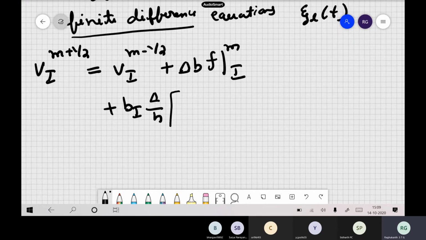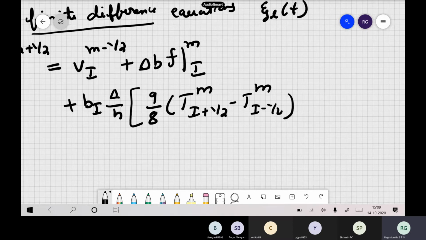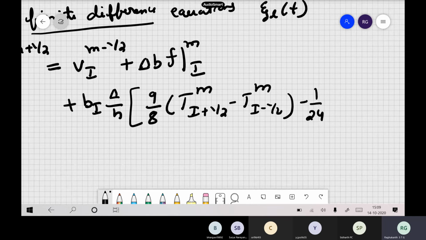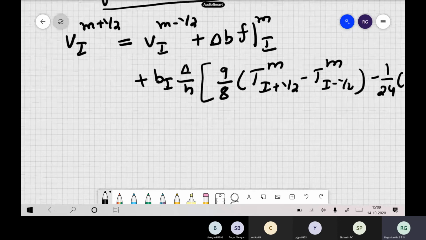With respect to spatial derivatives, he has used the fourth order. So Tm i plus half minus Tm i minus half, minus 1 by 24 Tm i plus 3 by 2. So he has used fourth order accuracy. So this is the equation for the velocity.